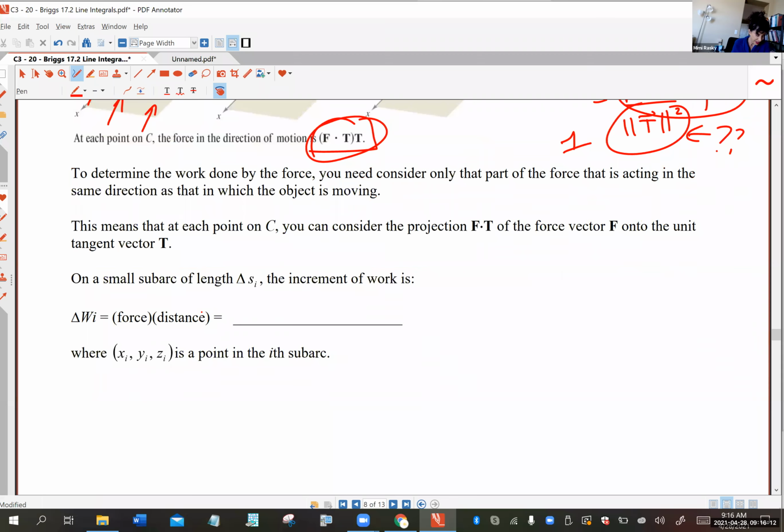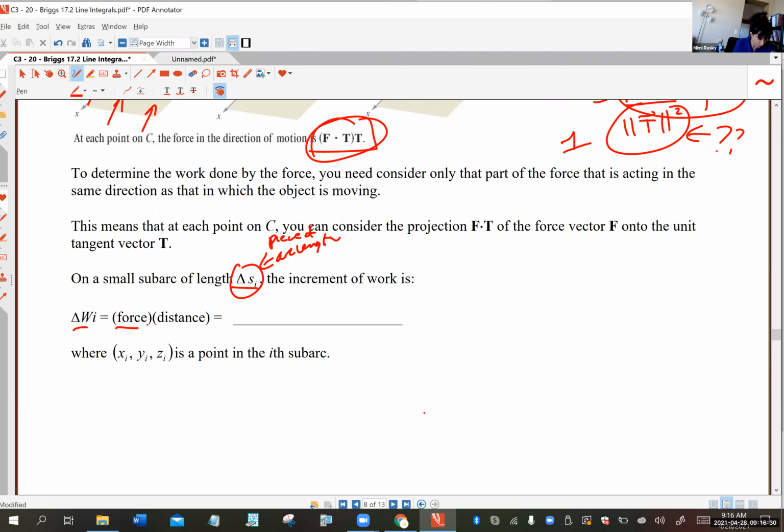Okay, so now let's talk about a small subarc of your curve, delta S sub i. Keep in mind, this is just a little piece of arc length. Your work is going to be your force times your distance.